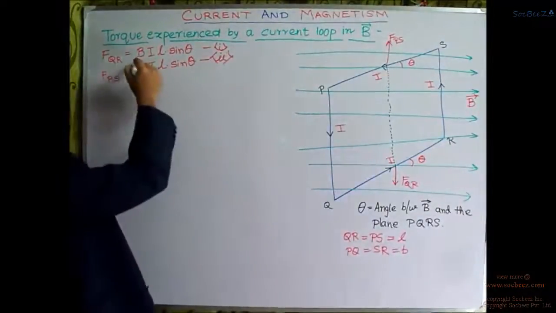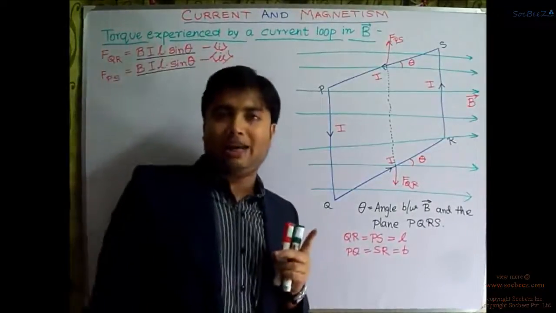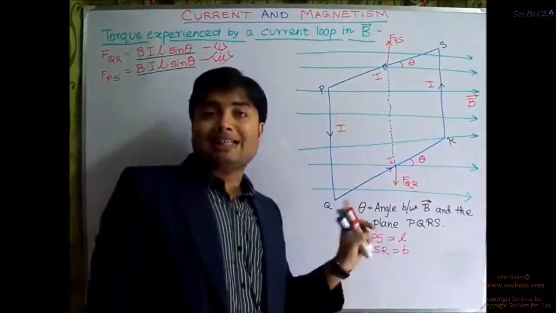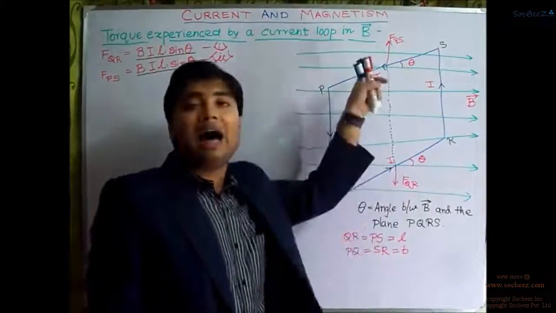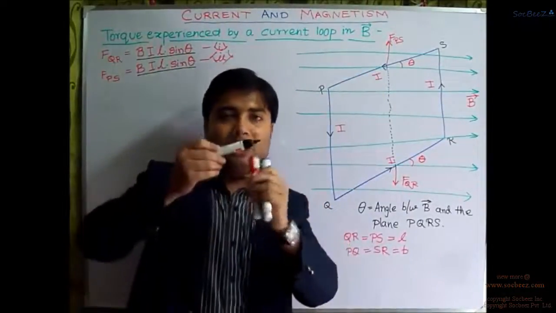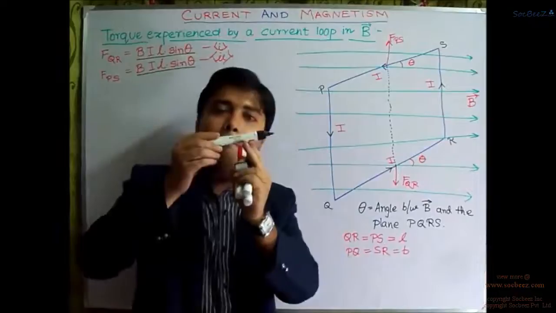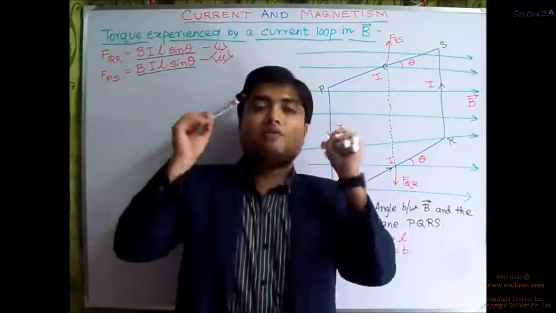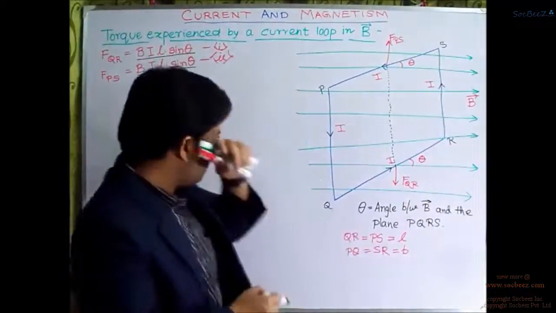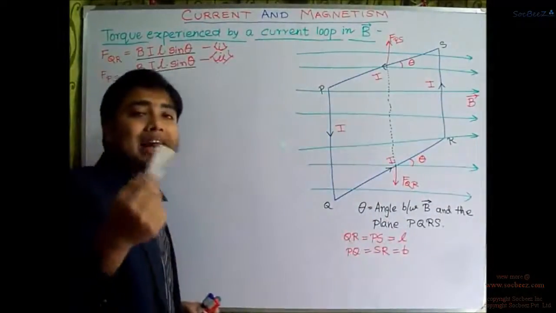Both are BIL sine theta, so they are the same in magnitude but opposite in direction, and they lie on the same line. It is like I am pulling this pin from over here, and I am pulling this pin from over here as well. But the pulls are along the same line and of the same magnitude. The pin won't move anyway, it will stay where it is.